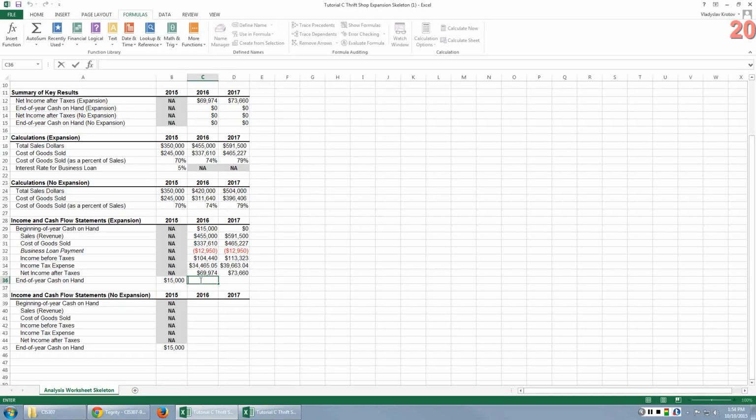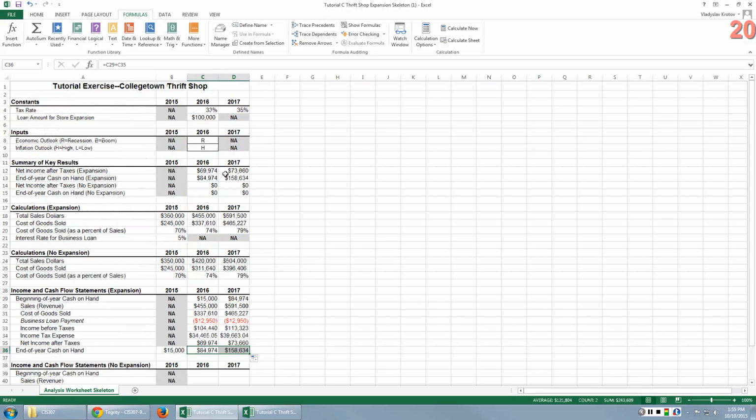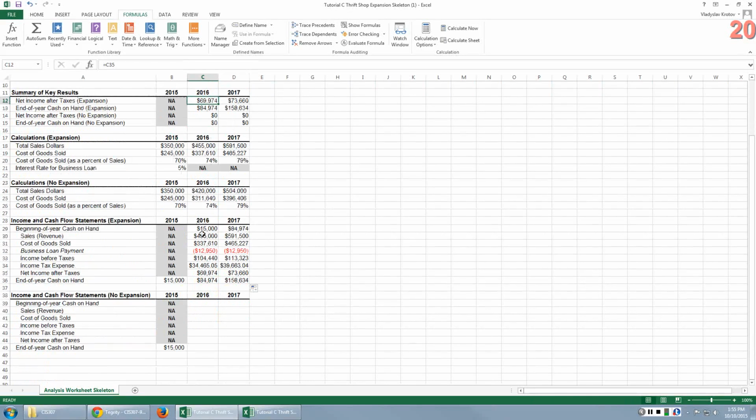Your end of year cash on hand equals whatever you had in the beginning, reflected here, plus the money that you earn, the income that you earn on the cash basis. Okay, so this is your end of year cash on hand, and then again you copy the formula here. Again, if you go to the summary of operations, you see all those values are being inserted automatically because you already specified that these values borrow values from these cells right here. Okay.